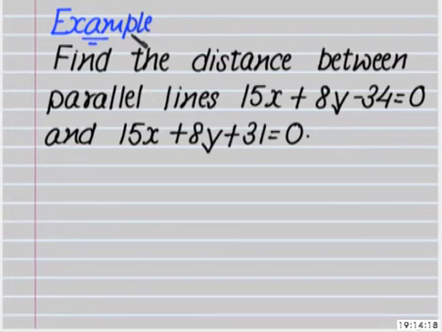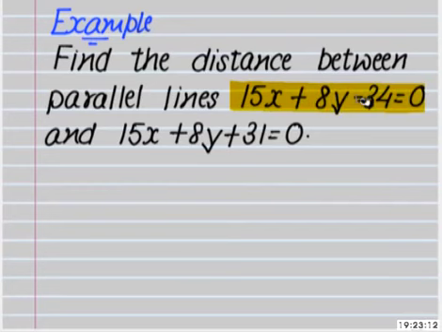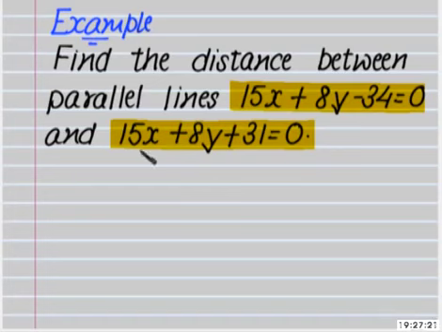Now let's see another example. Find the distance between parallel lines 15x plus 8y minus 34 equal to 0 and 15x plus 8y plus 31 equal to 0.